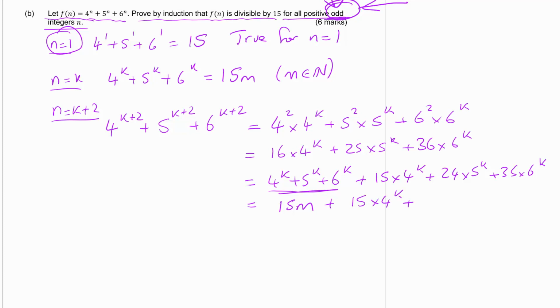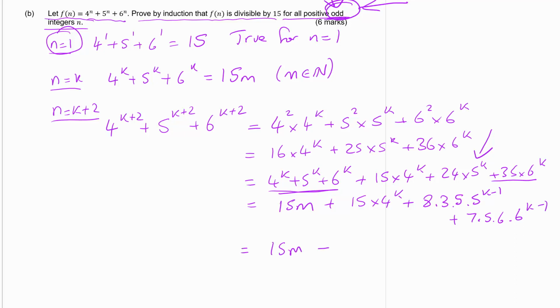Now 24 is 8 times 3. What I'm then going to do also is split this 5 to the k into 5 times 5 to the k take 1. And I'm going to do something similar with this one here. I'm going to say that that is 7 times 5 times 6 times 6 to the k take 1.